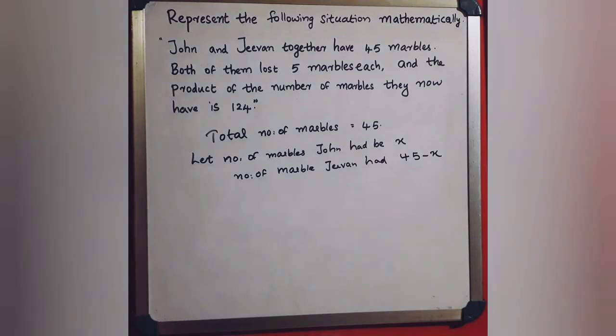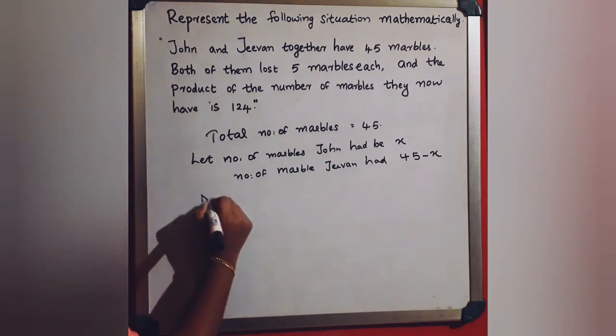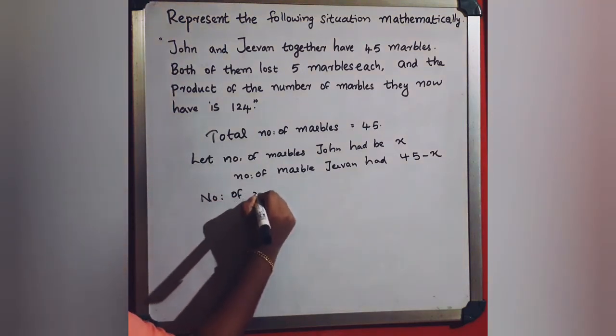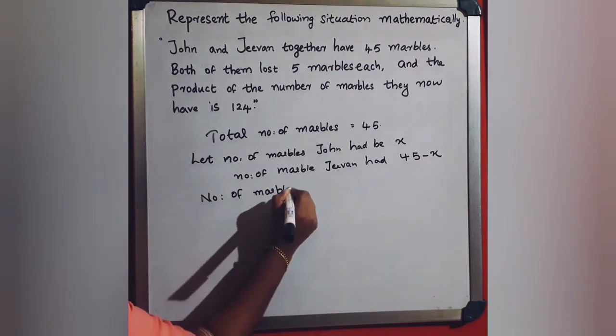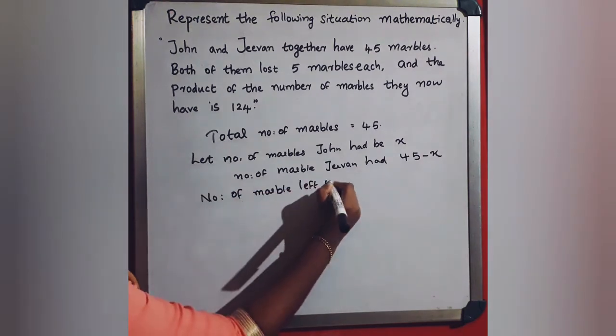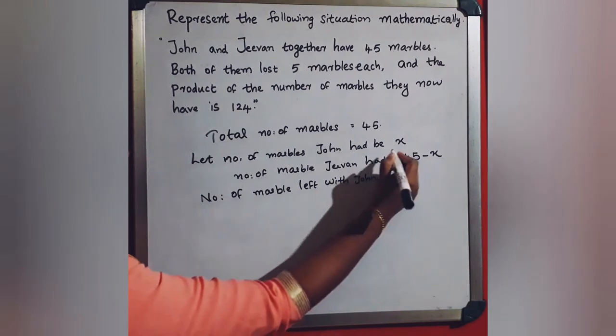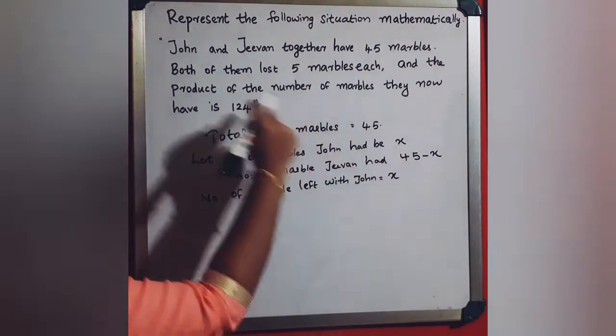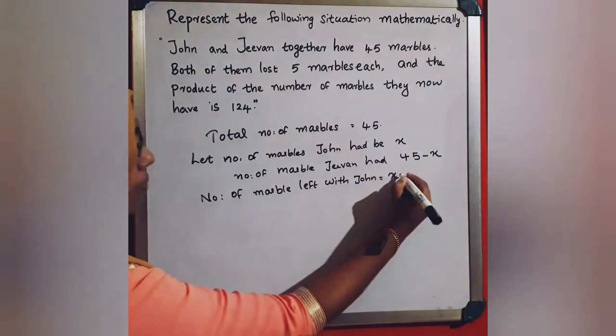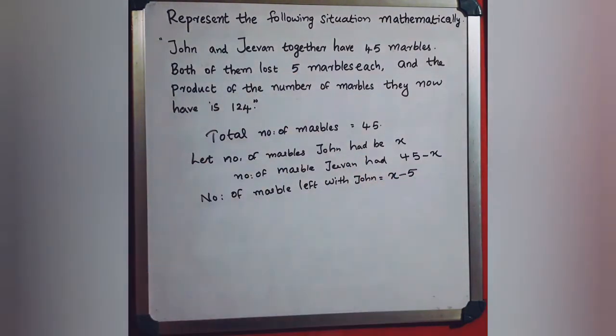Now read the second line. Both of them lost 5 marbles each. So John lost 5 marbles, also Jeevan lost 5 marbles. Now the number of marbles left. Marbles left with John: John had x marbles, but he lost 5 marbles, that means x minus 5.